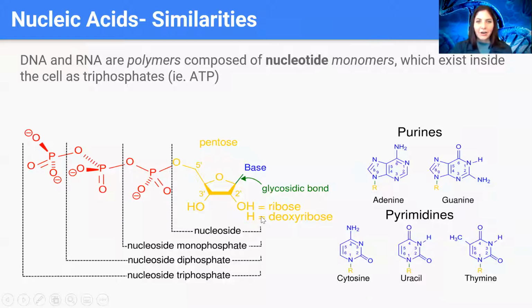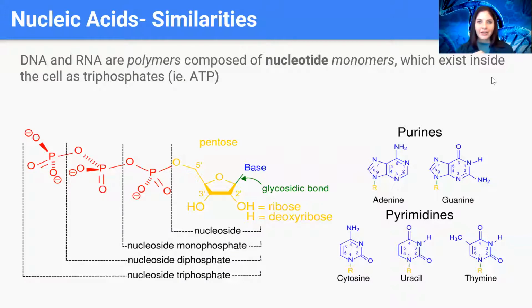So looking at DNA and RNA, again, those are polymers, meaning many. So they're composed of many nucleotides put together. And they exist as triphosphates. So fun fact, just like we have ATP, which is our universal energy molecule within our body, each of those nucleotides brings with it its own source of energy.